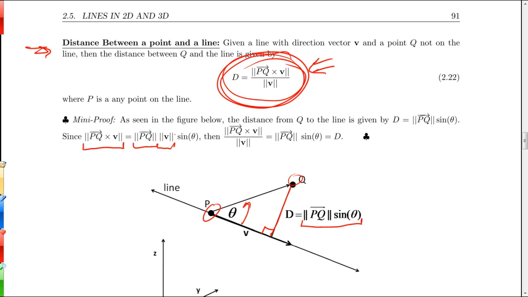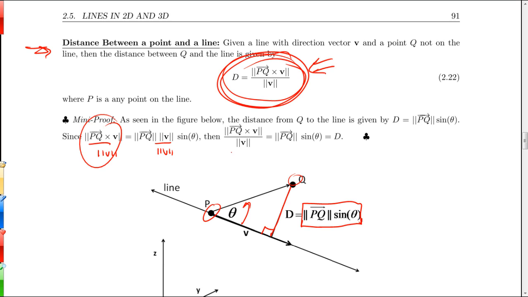And so what I'm going to do is I have an equation here. I'm going to divide both of these by the size of v. And what you'll notice is you're just left with PQ times the sine of theta. In other words, you're left with this right here.